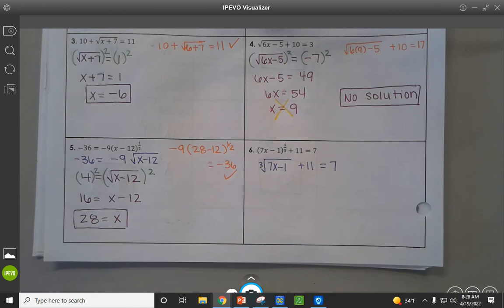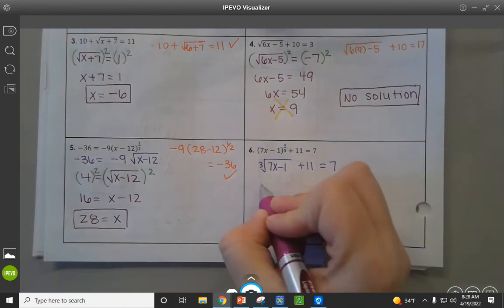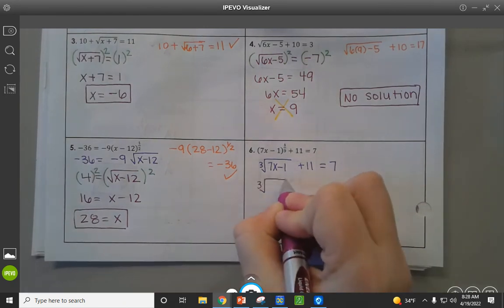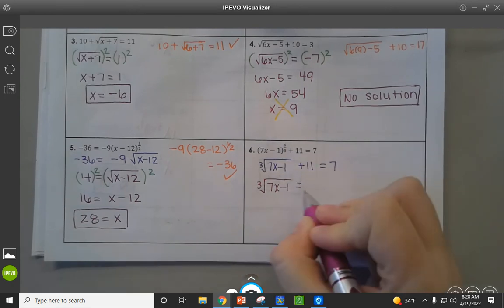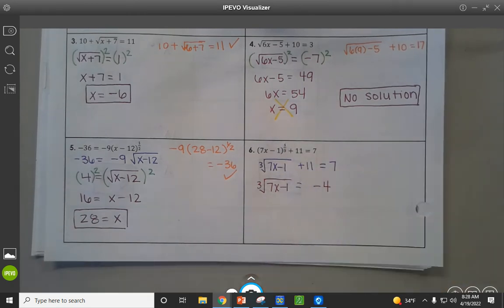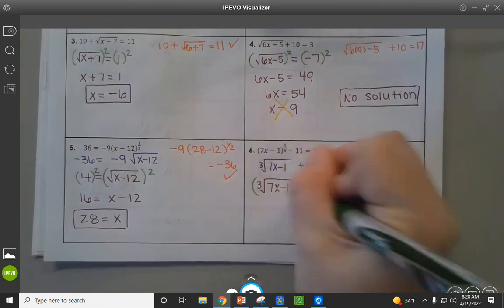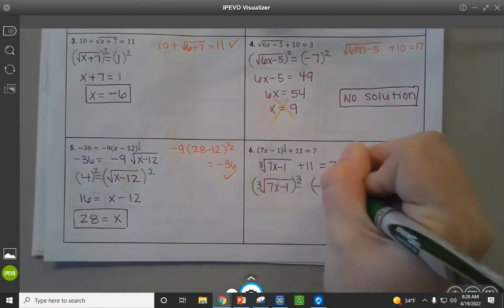What power do I need to raise this to? Yep, power of 3, because it's a cube root. And we get 7x minus 1 equals negative 64.